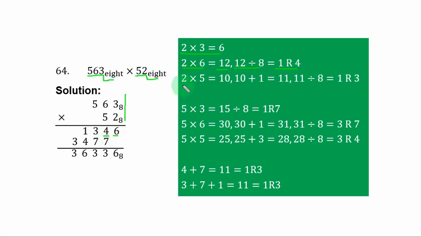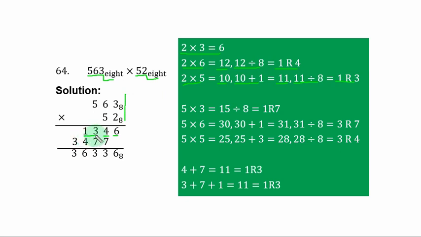You have 2 times 5, that is 10, plus the 1 you carried forward, it becomes 11. You divide 11 by 8 and you have 1 remainder 3, that is like 13. Since 5 is the last digit in that row, you have 13 there.